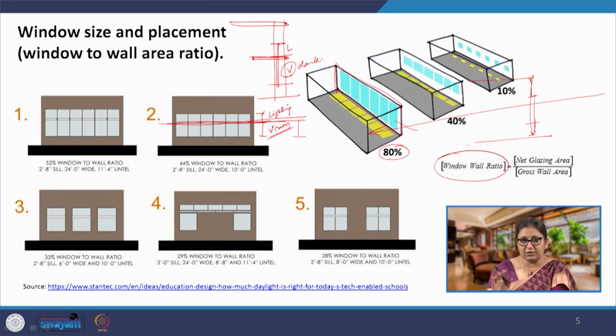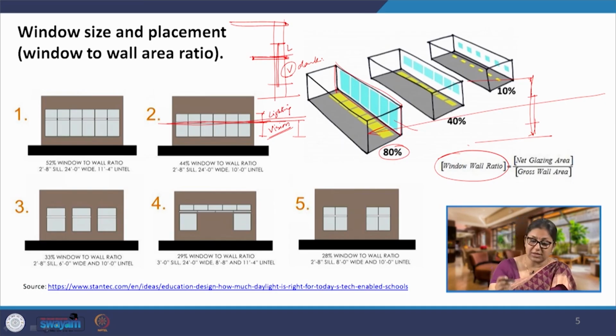Otherwise, you would have seen that if there is clear glass on the vision glazing part, then in offices people tend to pull down the blinds. Now, that defeats the purpose. It does not serve as vision glazing nor as light glazing.